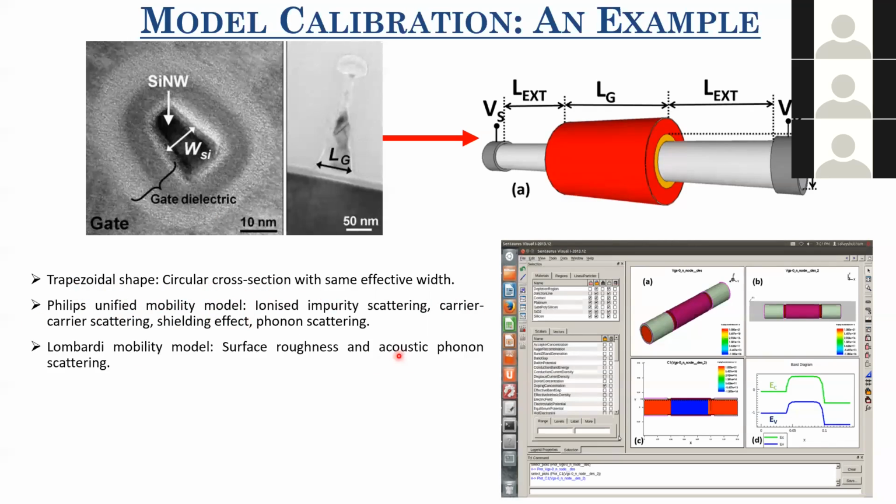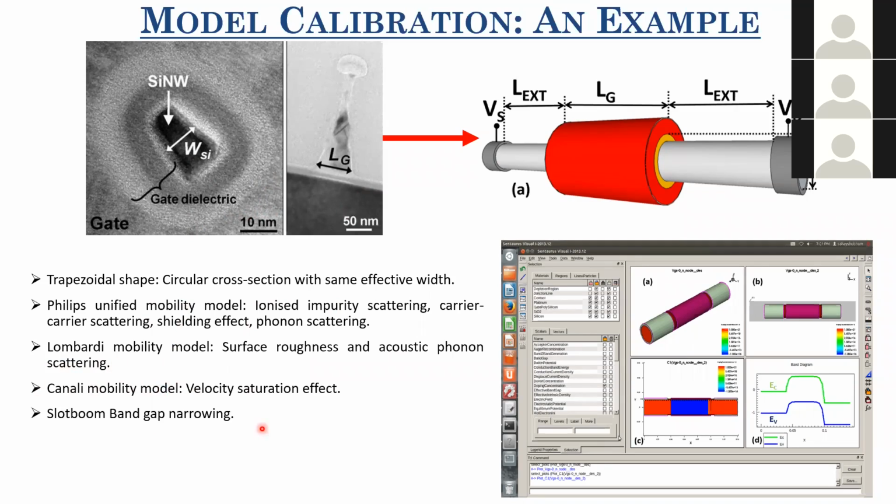Then in junctionless FETs, you have a very high vertical electric field emanating out of the gate electrode. Once there is a high electric field, there will be the Lombardi mobility model, which takes into account the surface roughness as well as the acoustic phonon scattering because of the perpendicular electric fields. Since we are talking about short channels, velocity saturation has to be included, so I used the Canali mobility model.